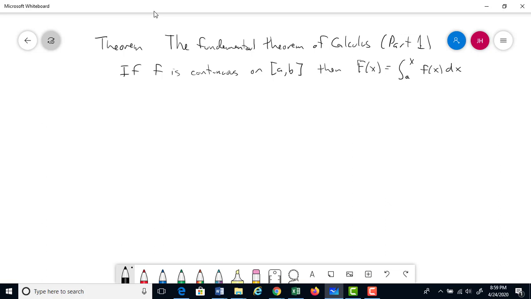Basically what we're saying is that capital F is the antiderivative of f. That's all that says, and we've already kind of defined that. We'll explain why that's the case soon enough, but we need part 2 to really prove that.